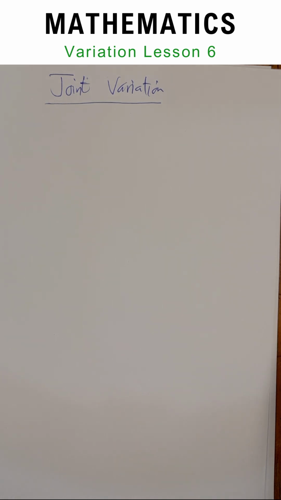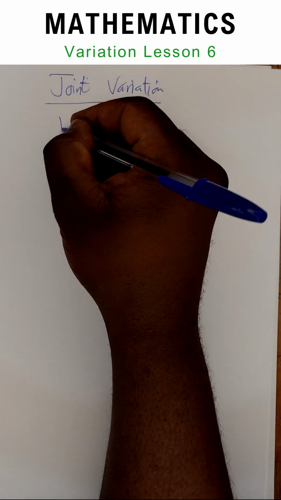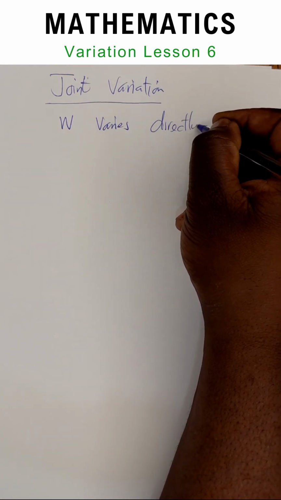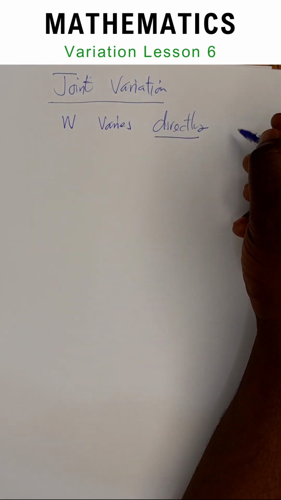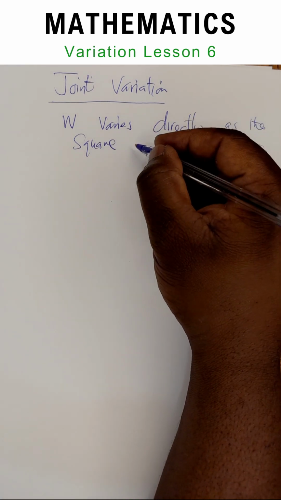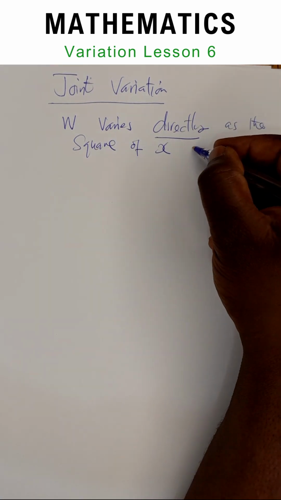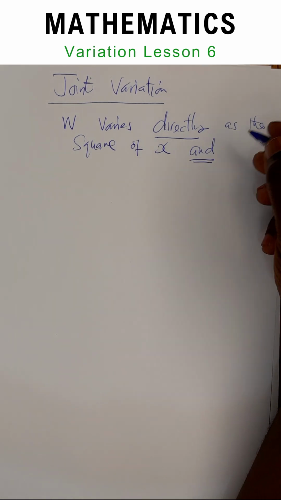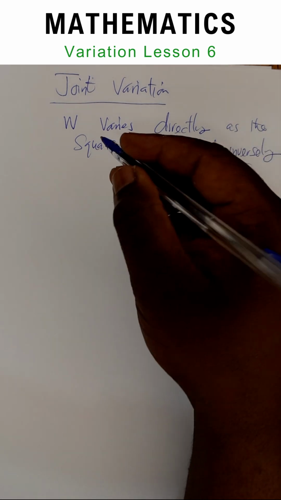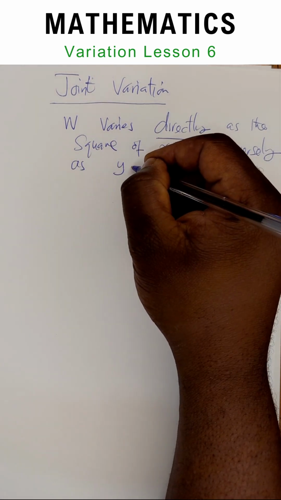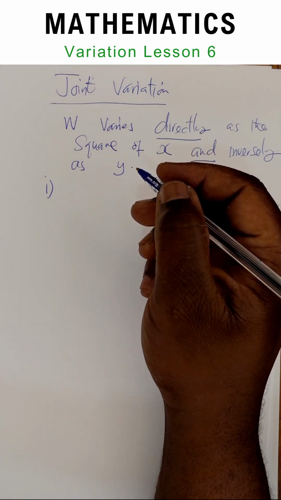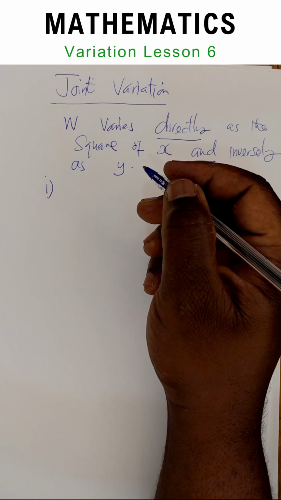So we have an example which says it is given that W varies directly, they even tell you directly, as the square of x, and it's a multiplication, and inversely as y. Then they say number 1, write an expression for W in terms of x, y, and a constant k.